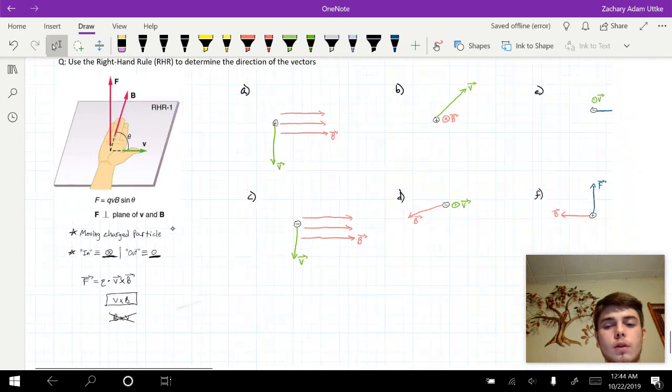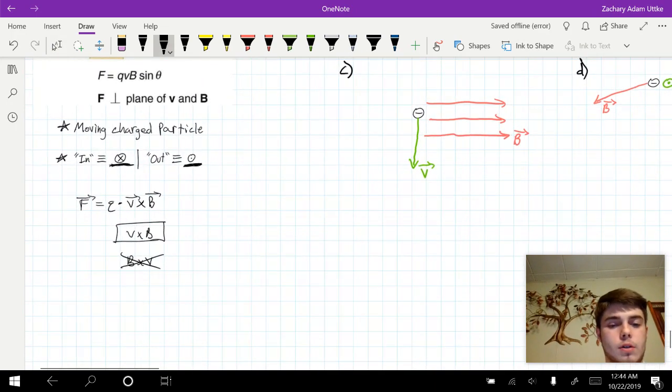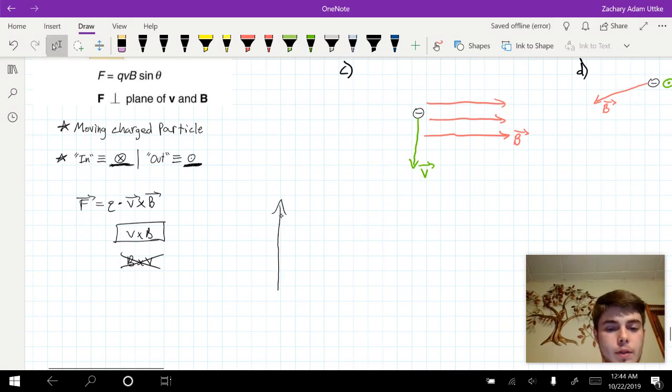Okay. Also, let's take a little bit of a logical approach to this. So the way that these vector problems work is by utilizing all three dimensions.